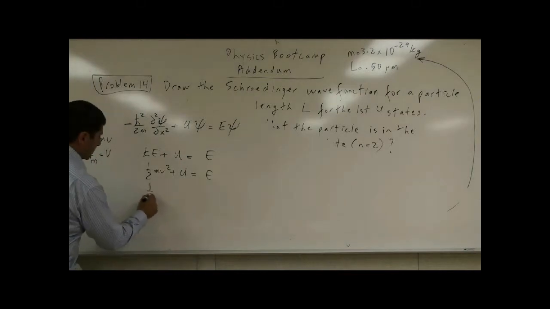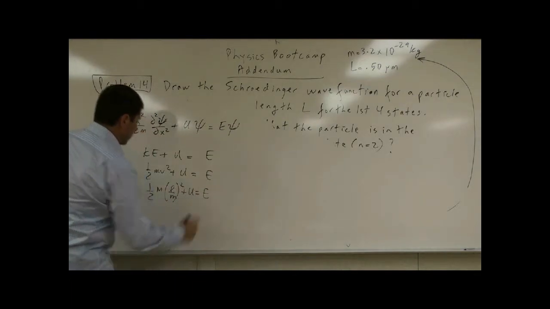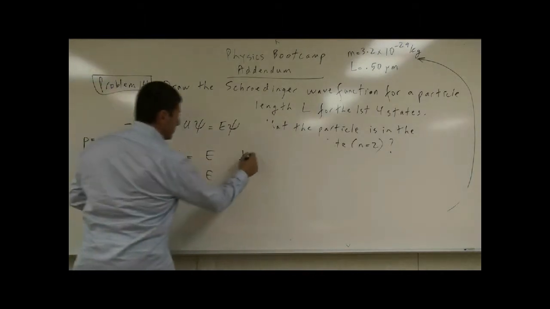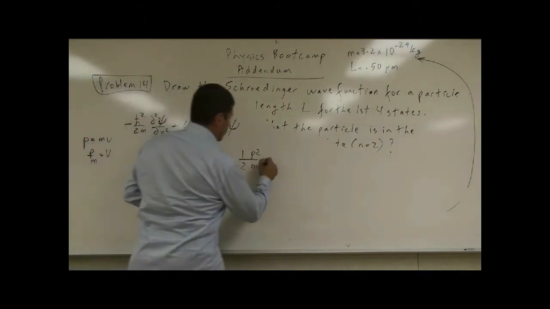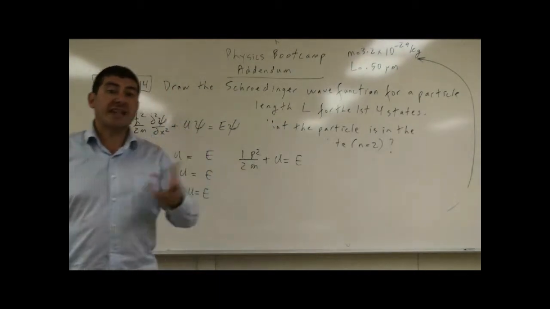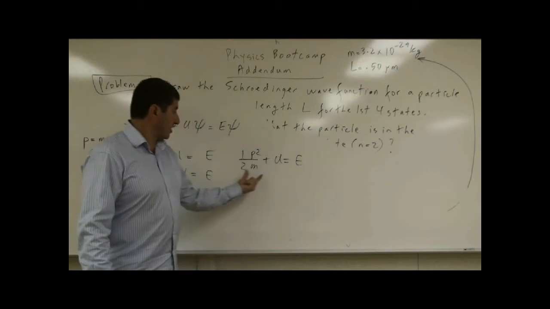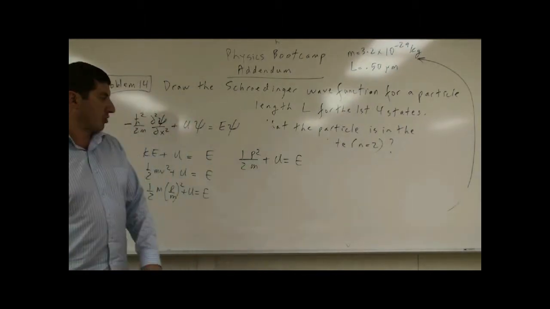So we express this as half m times p over m squared plus U equals E, and then we write this as half p squared over m. So whenever we are studying the mechanics of a particle whose energy is conserved, we can say its kinetic energy plus its potential energy is equal to its total energy.